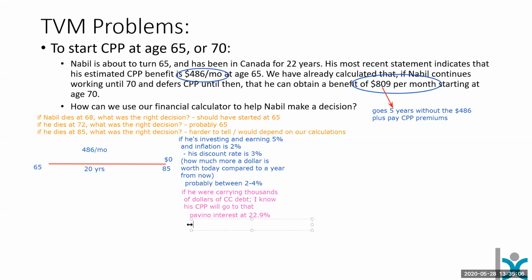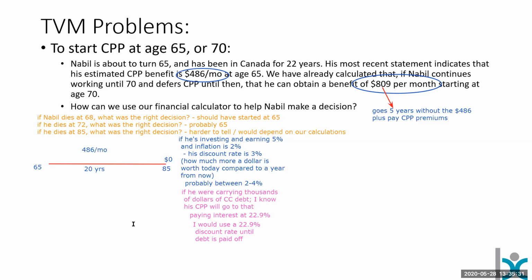This is where I would use, at least until the debt's paid off, a 22.9% discount rate. Okay, that's good. 100%. Perfect, Mike. That's exactly where I was just going to go.